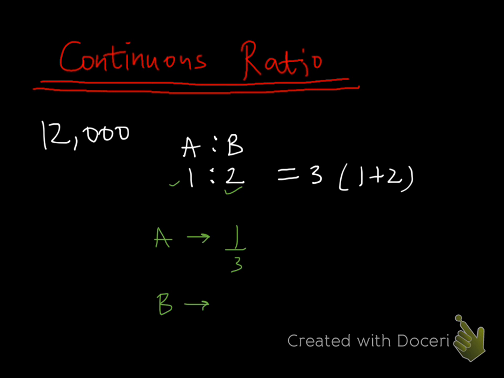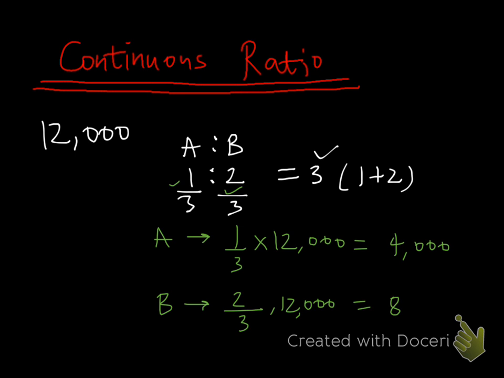What you did was add these two numbers to get this number. 1 plus 2 is 3. So A's share would be 1 by 3 and B's share would be 2 by 3. And so A's share is 1 by 3 of 12,000, which is 4,000. 2 by 3 of 12,000 is 8,000. That's it. So we found the shares.